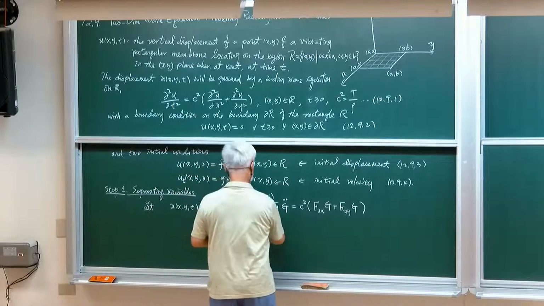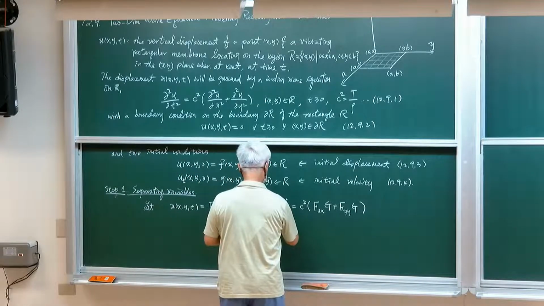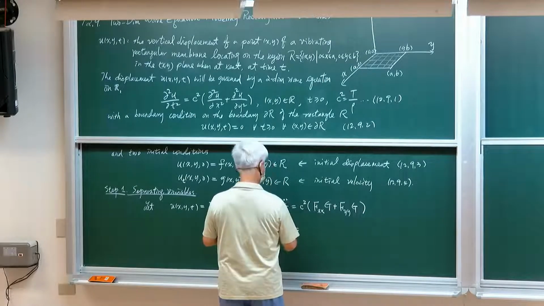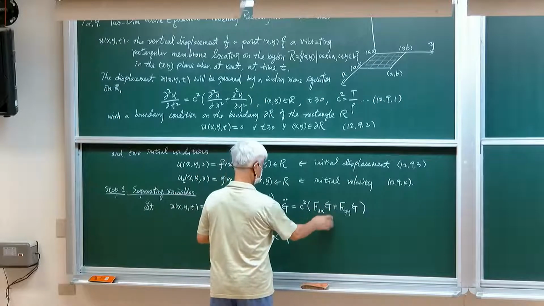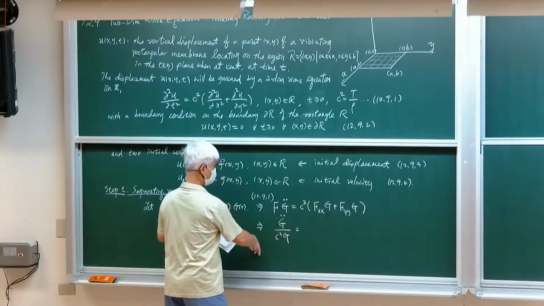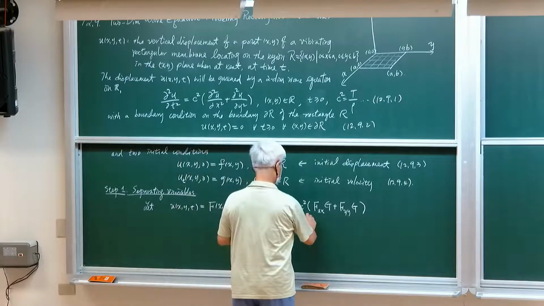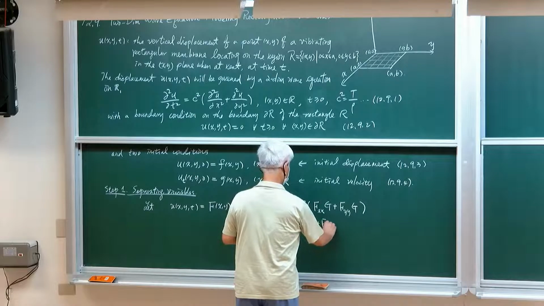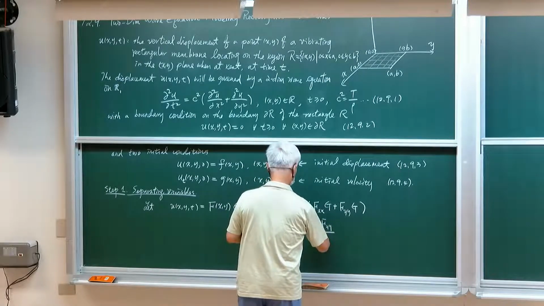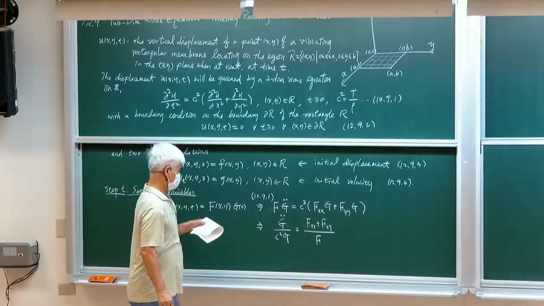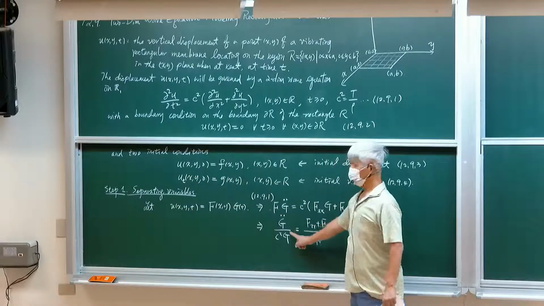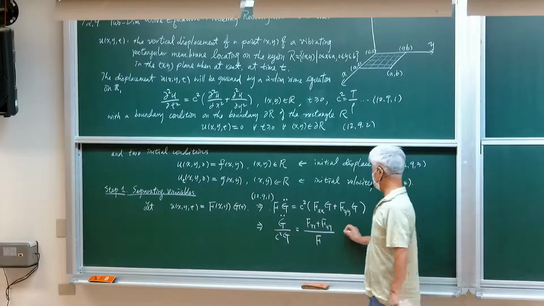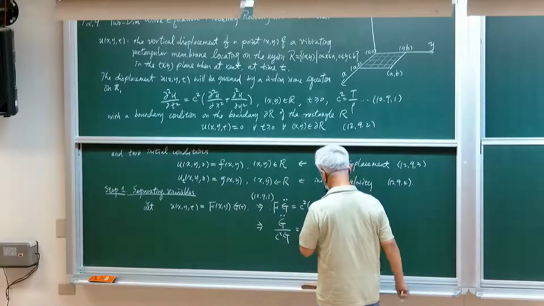So we divide by c squared g, moving c squared g to the left-hand side and f to the right-hand side, and we have f xx plus f yy over f. The left-hand side depends only on t, and the right-hand side depends only on x and y, so this becomes a constant.